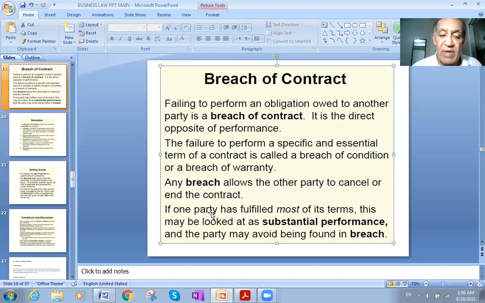If one party has fulfilled most of the terms, in this case we say substantial performance. He did what he has to do, or almost all of what he has to do. We call this substantial performance, and the party may avoid being found in breach.